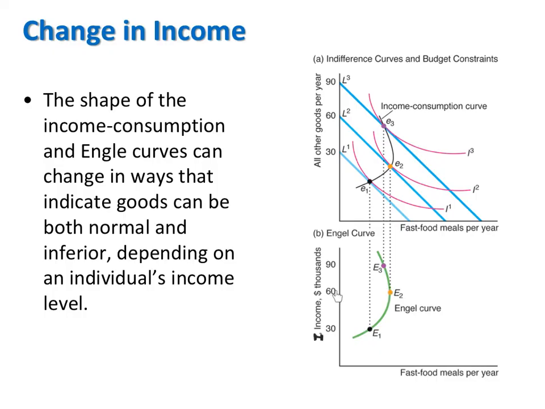However, on this graph, for income levels greater than $60,000 per year, an increase in income will now cause a reduction in fast food consumption. That is, once income surpasses $60,000 per year, now fast food is regarded as an inferior good, and the more income the consumer has, the less fast food they will consume.